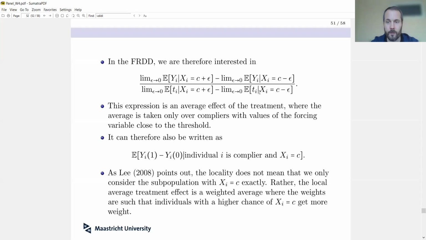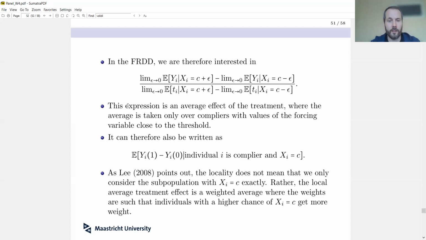Always remember that because T_i is binary, writing the probability of T_i being 1 conditional on X is the same as looking at the conditional expectation of T_i given X. So here we scale the jump in the outcome by the jump in the probability when crossing the cutoff.